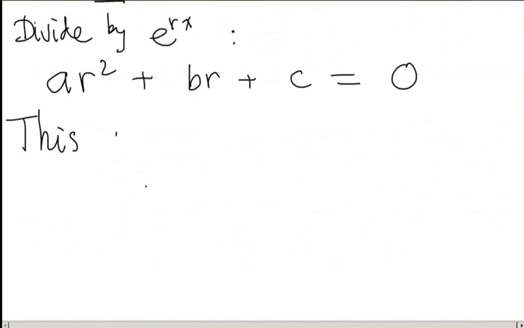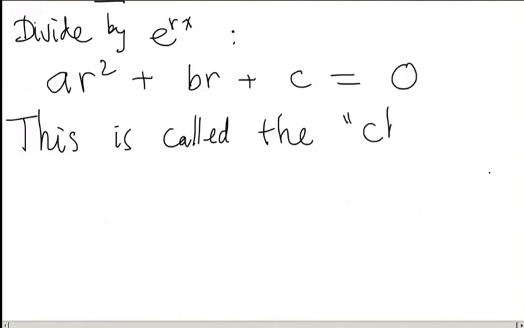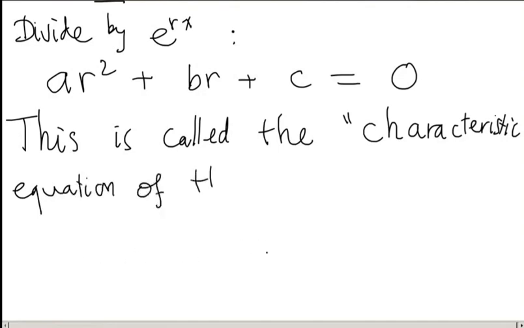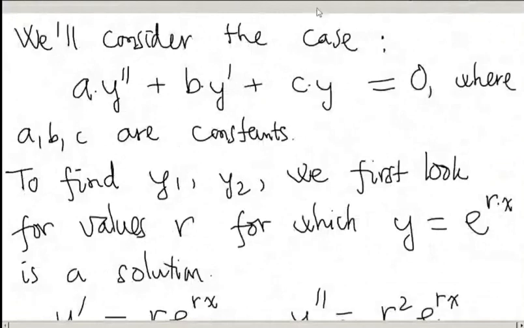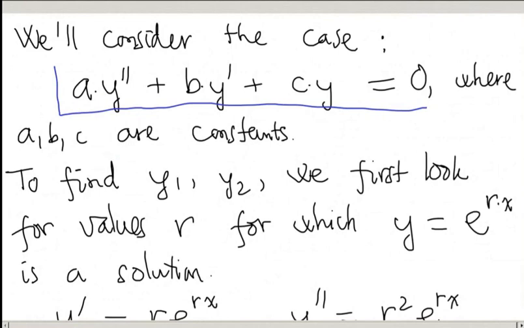This equation is special and it's important to solve the differential equation. So we call this the characteristic equation of the ODE. And the ODE that we're talking about is this ODE: a y double prime plus b y prime plus c y equals 0.